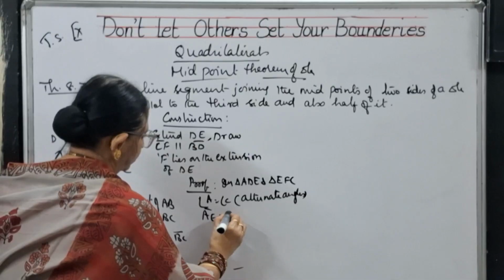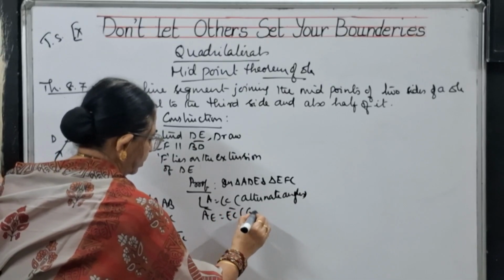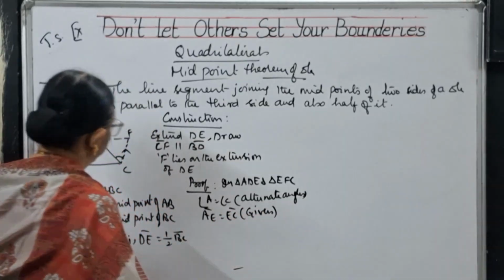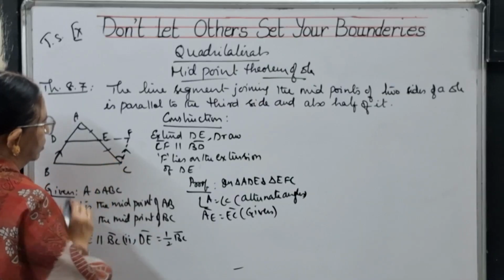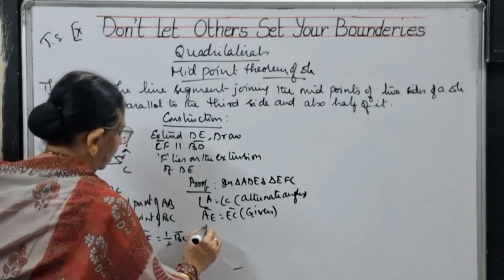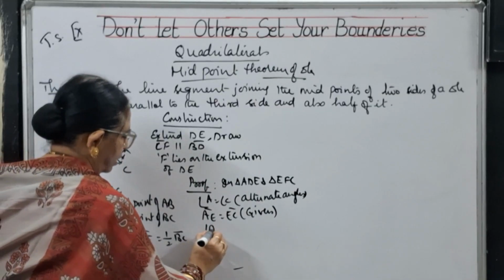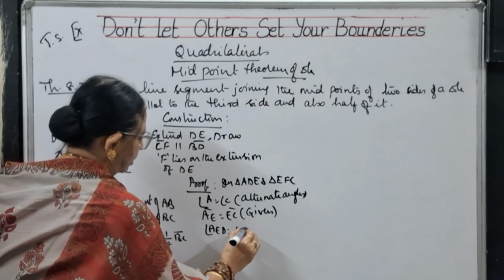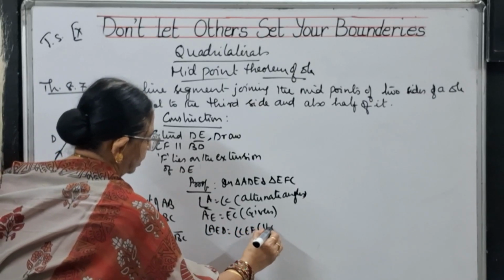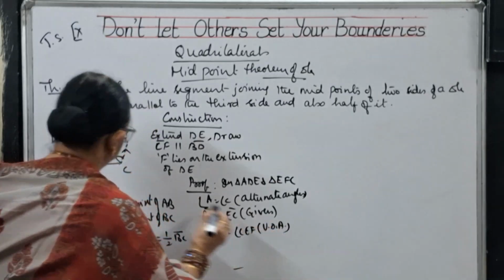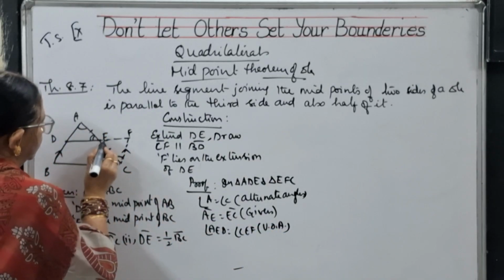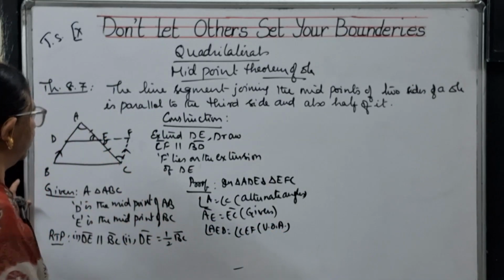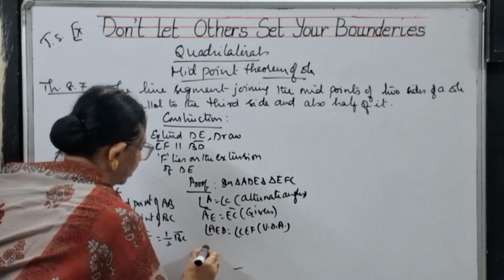AE is equal to EC. This is given to us. E is the midpoint, so AE is equal to EC. And angle AED is equal to angle CEF. They are vertically opposite angles.